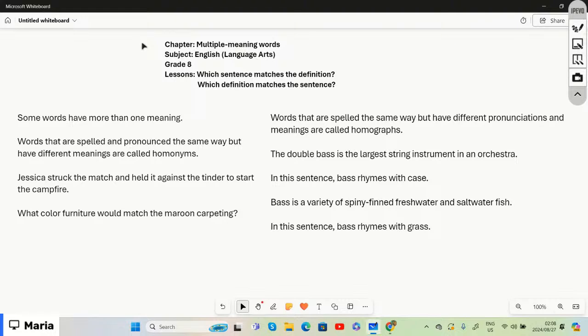I'm really not sure. I will find out now. Because this is English grade 8, right?